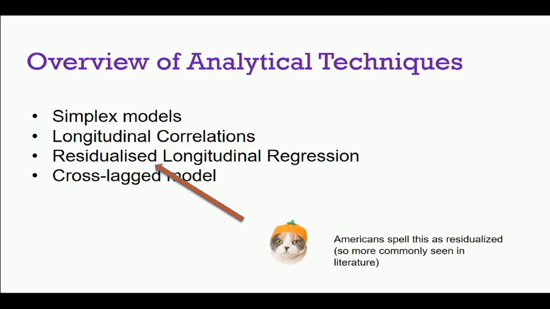But the problem is when you take a continuous variable, like extroversion as a personality trait, and partition it into low, medium and high, you actually lose statistical power. So you're less likely to find the effects that you want.